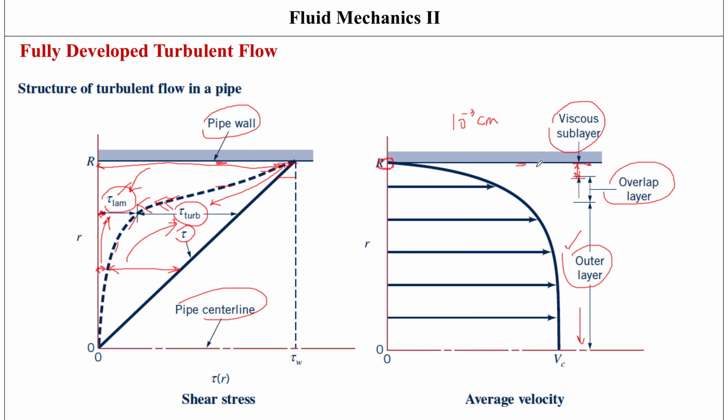And because the thickness of this viscous sublayer is so small, it is highly dependent on the geometry of the pipe as well. If the geometry is smooth, then you would get a different kind of result.